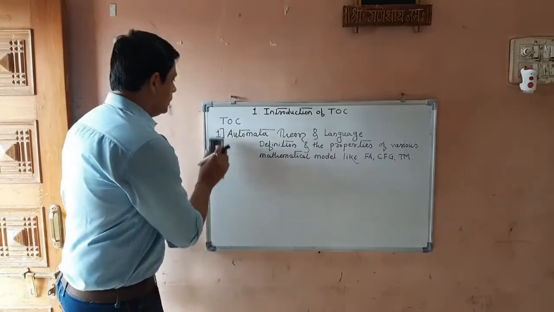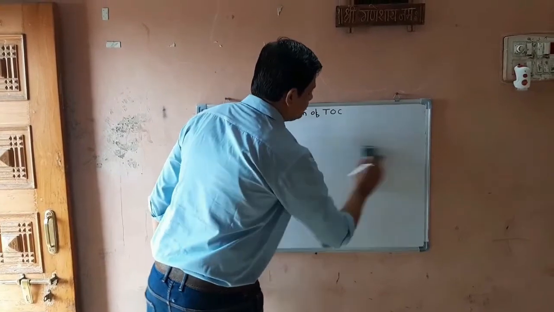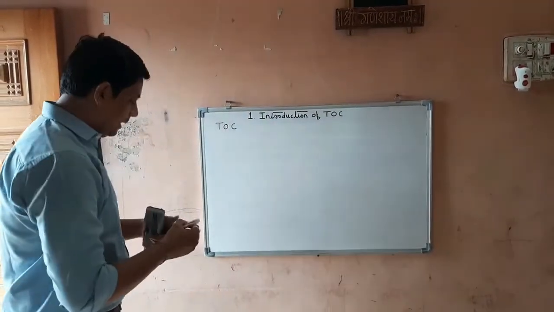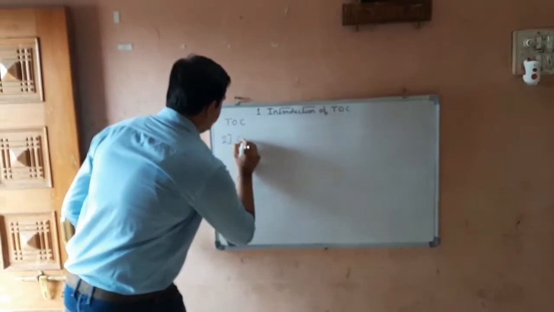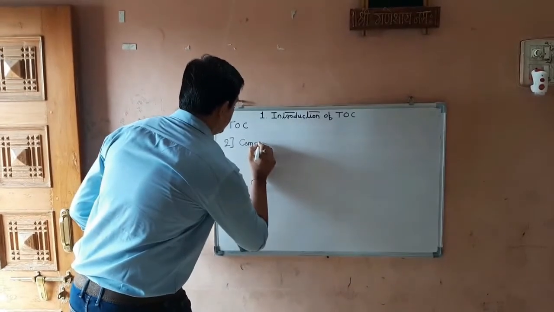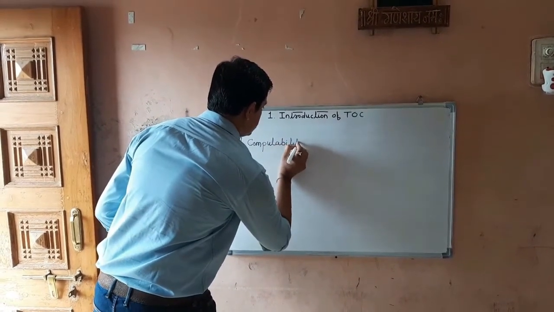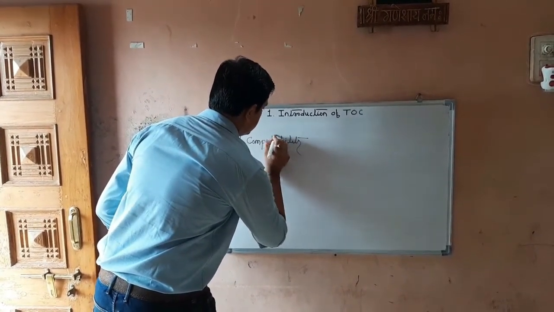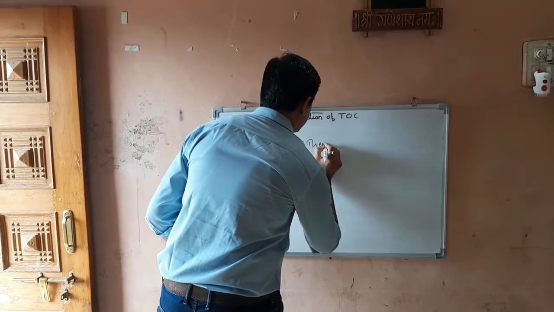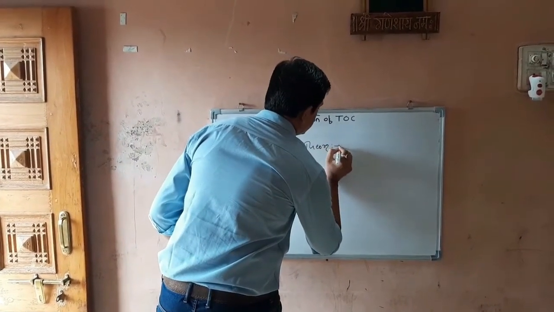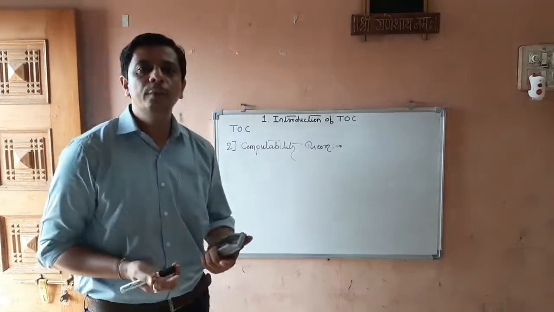Now, what is the second group? The second one is computability theory. What is the meaning of computability theory?